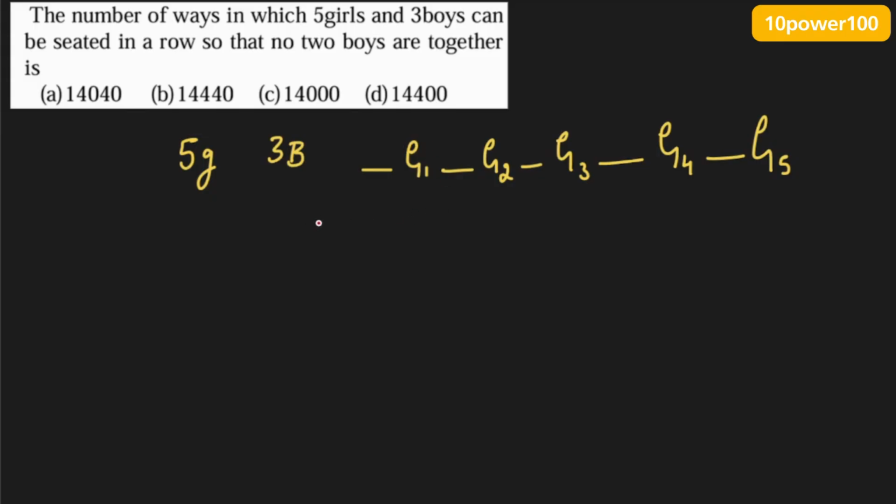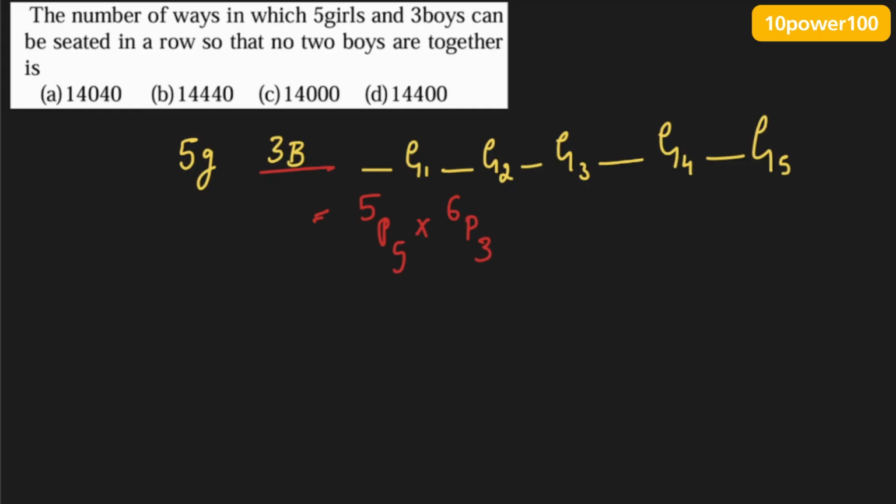So there are 5 places which are fixed for them, that is 5P5, into. Due to this arrangement, there are 6 positions which come up. That is 6P, and how many boys are there? It is 3 boys. It is 6P3.